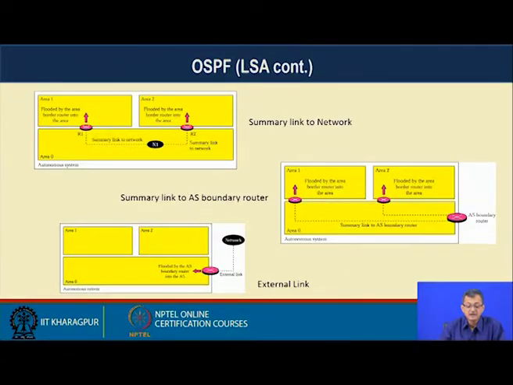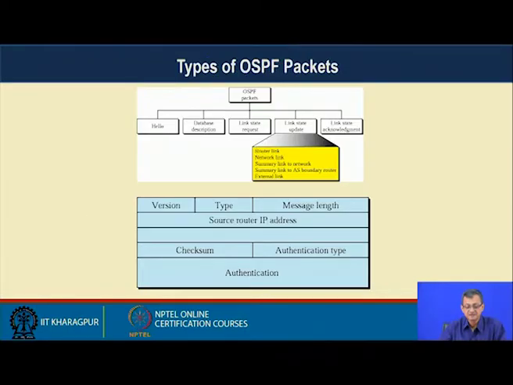Similarly, for OSPF, summary link is the summary link to the network. For external link, it is for the external network, and this is the summary link to the AS boundary routers, right. So, there are different summarizations or information about the autonomous systems being pumped in.